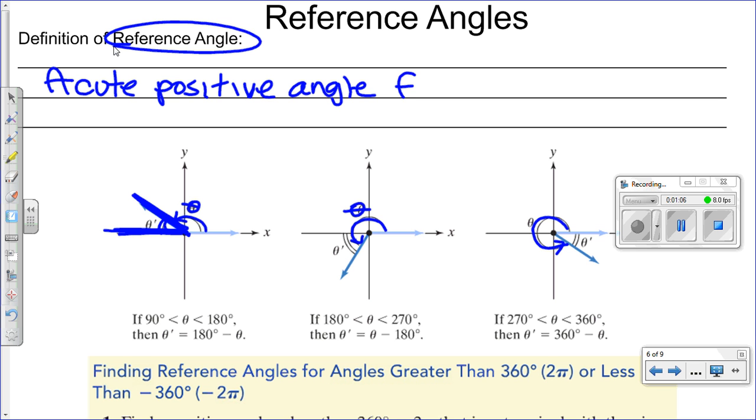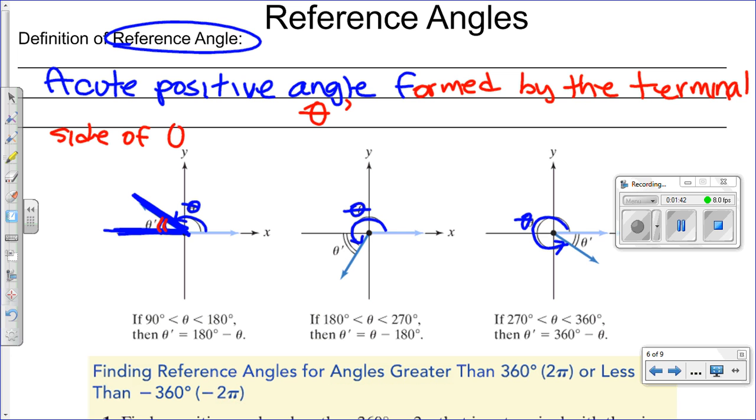Because I know that your definition says, let theta be a non-acute. So when we say theta, that's what I mean by original angle. And then on your notes, after that, it should say, its reference angle is the positive acute angle, which we call theta prime, and it is formed by the terminal side of theta and the x-axis.